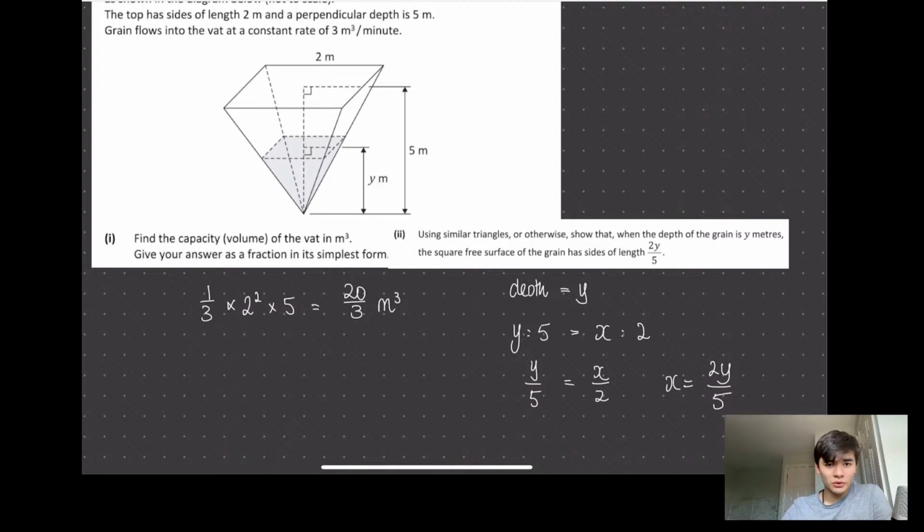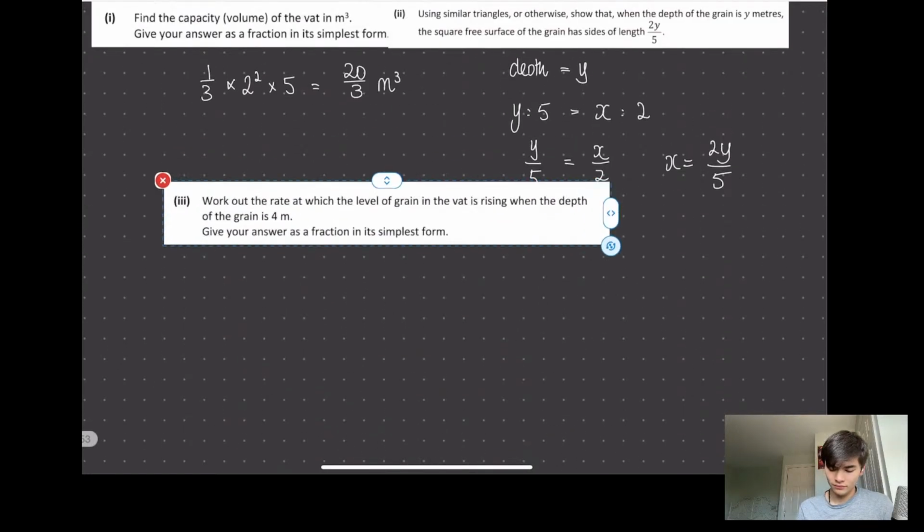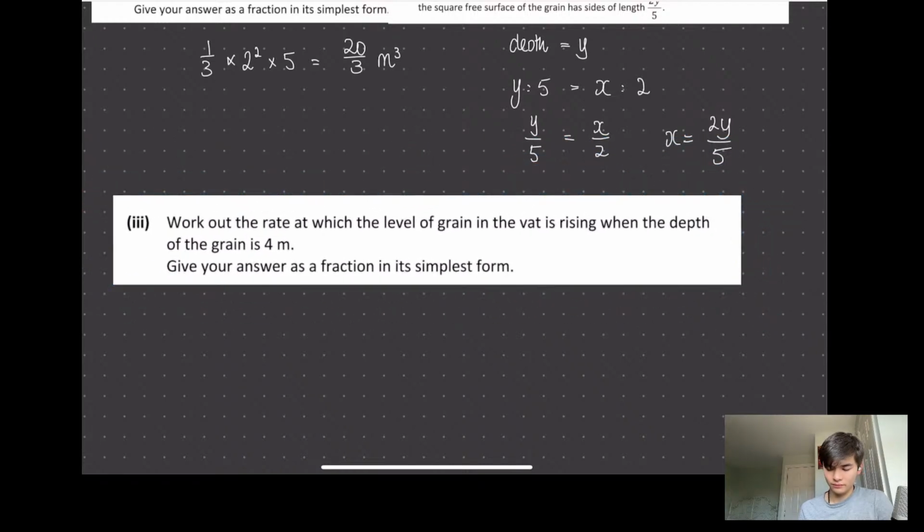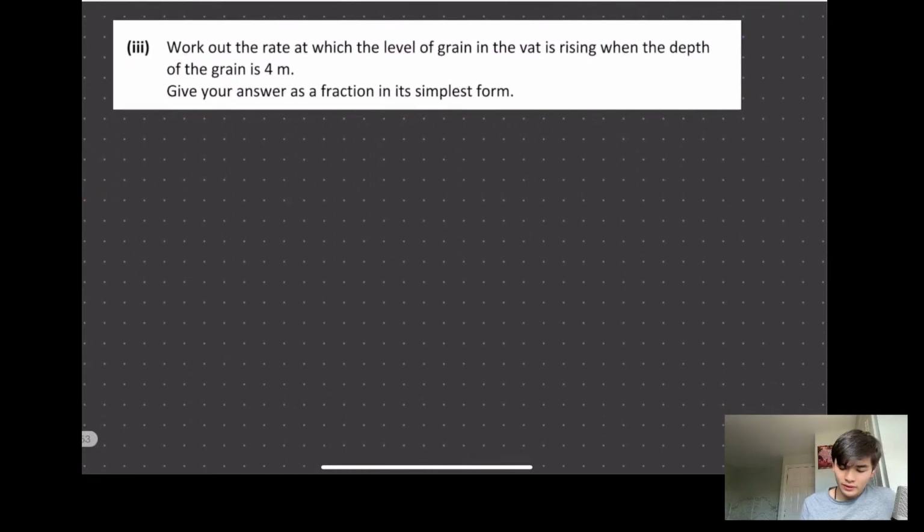Okay, and then finally onto a rate section. So we know we've got a change in volume in this question, because we've got grain coming in.